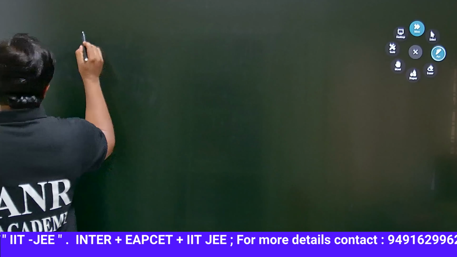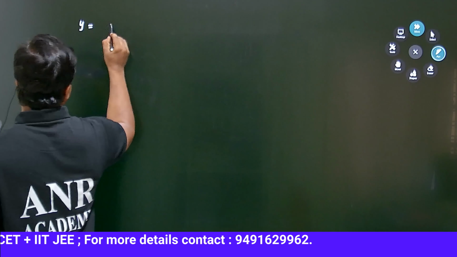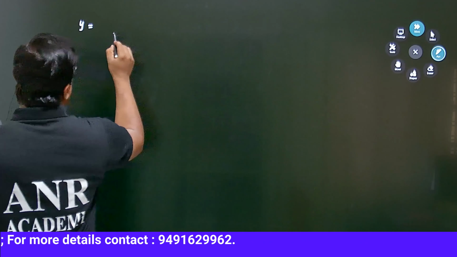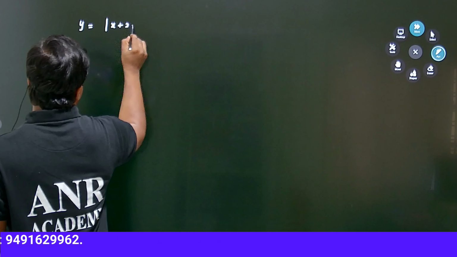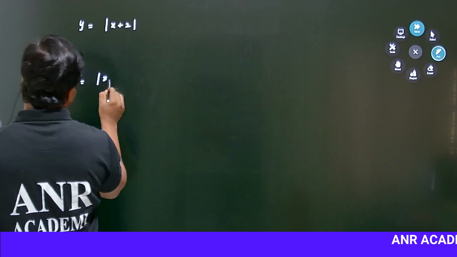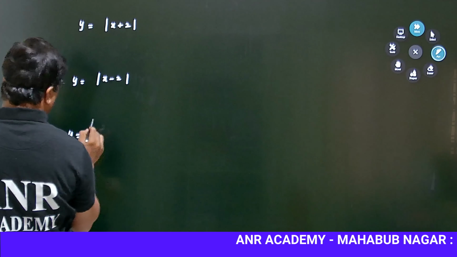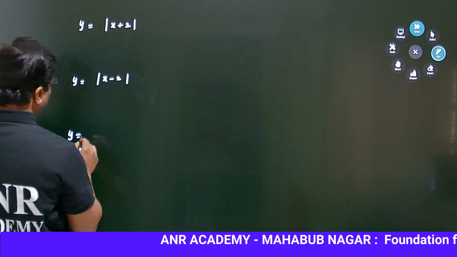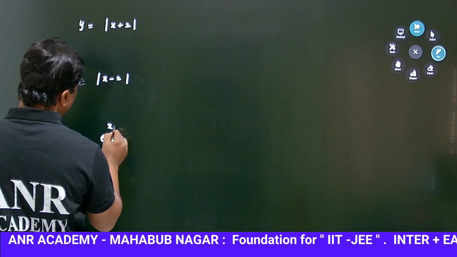Suppose that y equal to modulus of x plus 2 and y equal to modulus of x minus 2. y equal to e power x minus 1.